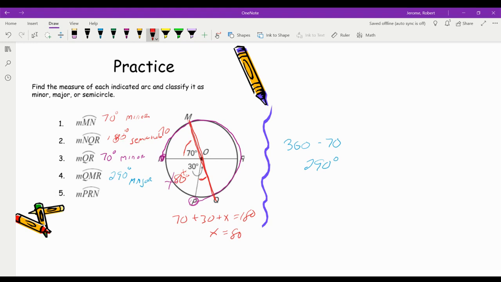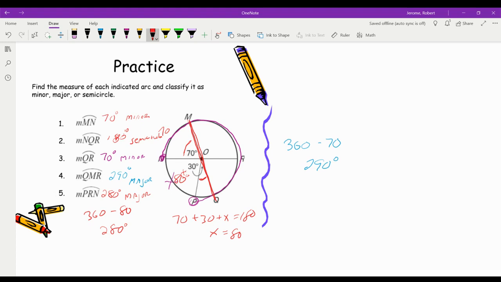Finally, we can say, well, we want the whole circle, not including that 80 degrees. And that's going to give us a 280 degree arc, which is a major. So in these questions, sometimes we're finding the missing piece so that we can subtract it out of the whole circle.